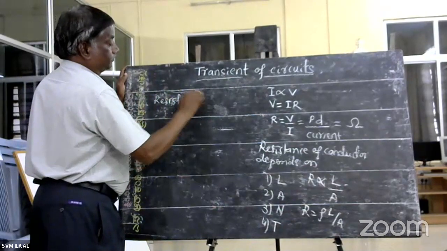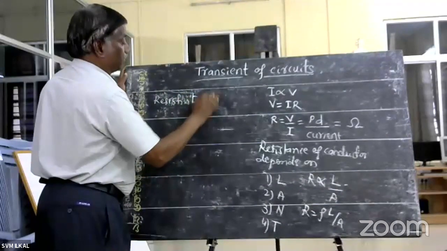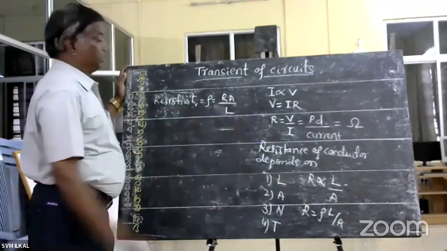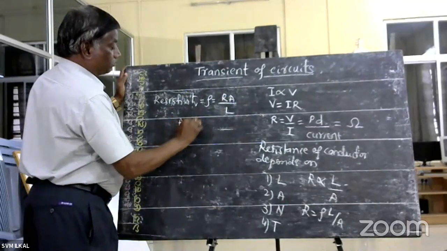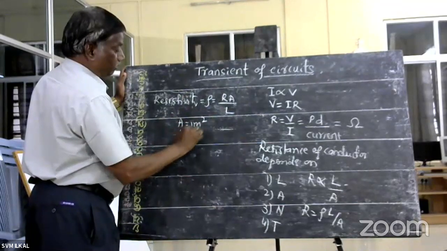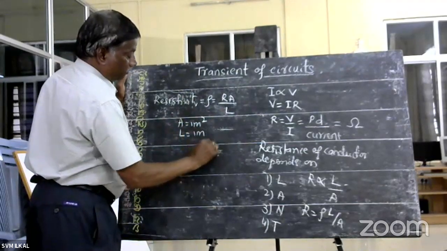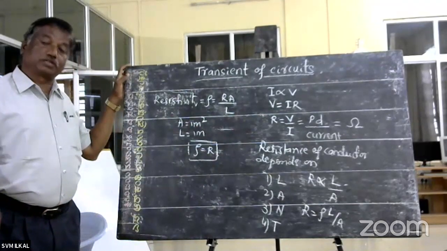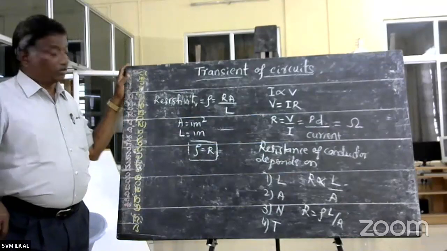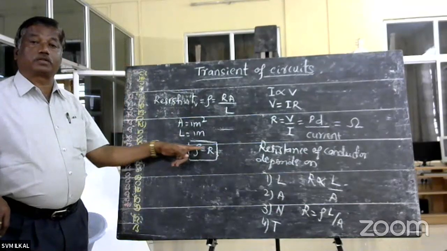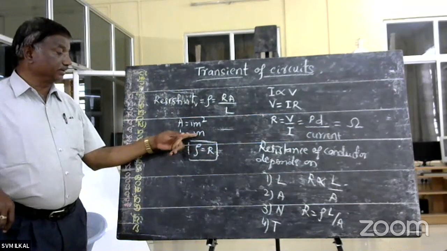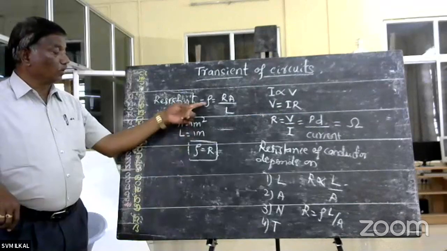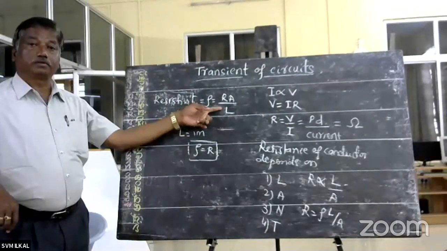Resistivity, rho, is equal to RA divided by L. If the area of cross section is 1 meter square and L is equal to 1 meter, then rho is equal to R. Resistivity is equal to the resistance of a conductor of unit length and unit area of cross section. Very simple definition, as rho is equal to RA by L.